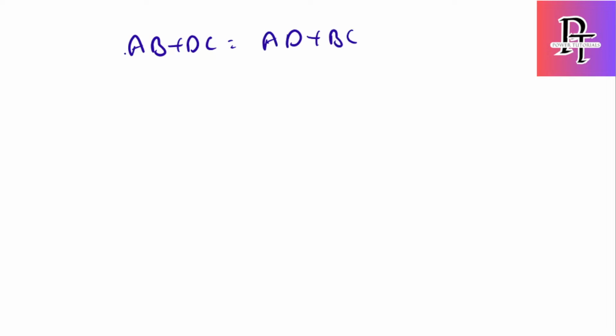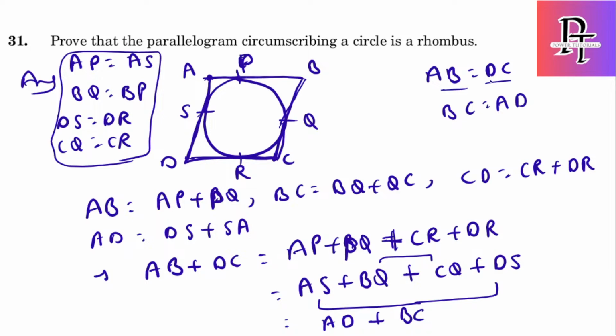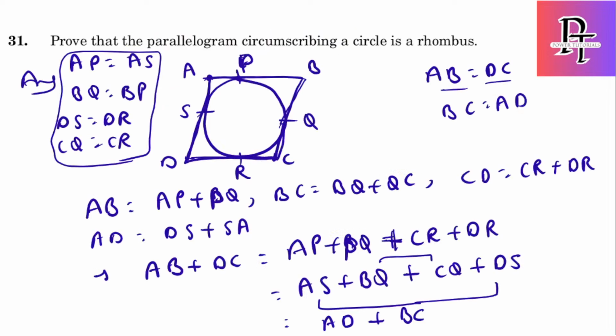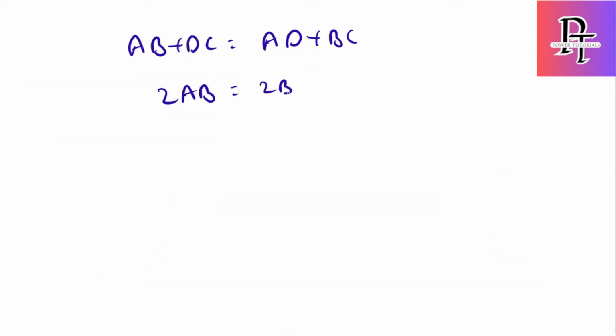From the parallelogram condition, I already told you AB and DC are equal, so I can simply say it is 2AB. Same way AD and BC are equal, so it is 2BC. The 2 gets cancelled. Then AB is equal to BC.